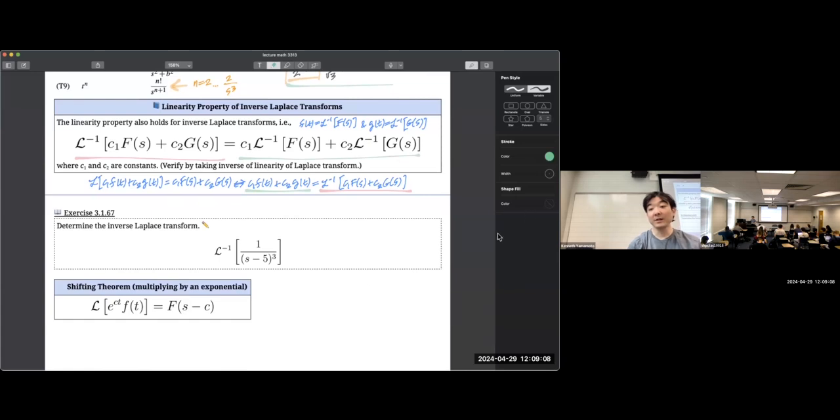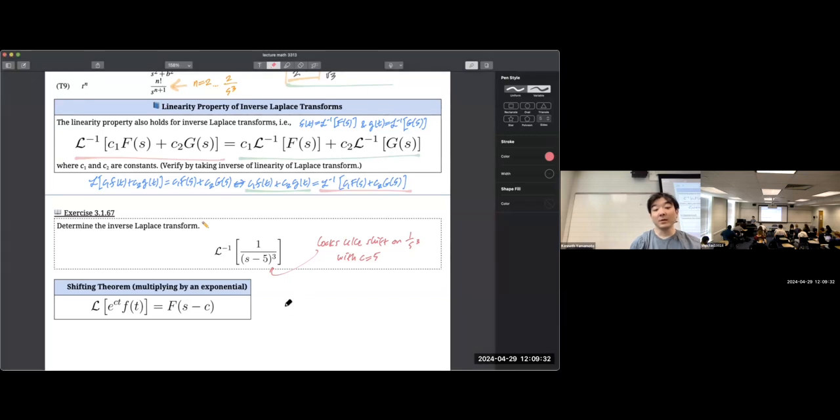So I'll write here, it looks like a shift on the s cubed with c equal to 5, because it would have been 5 right here, which means e to the 5t.